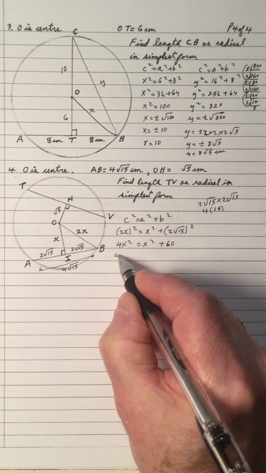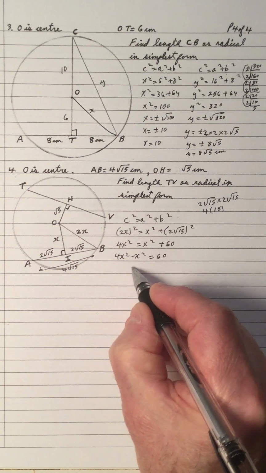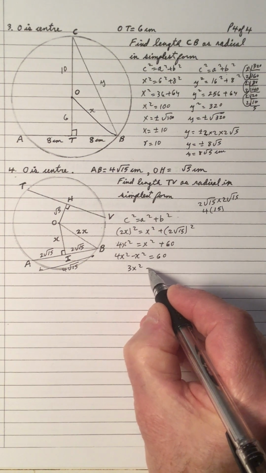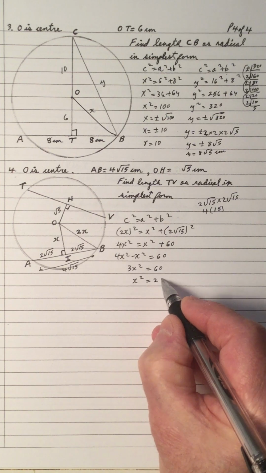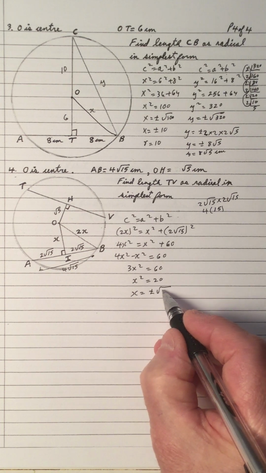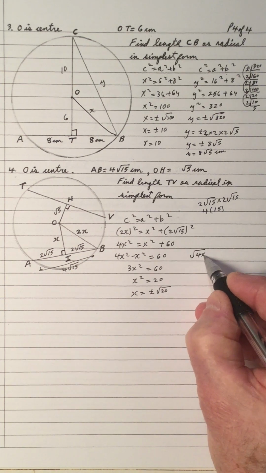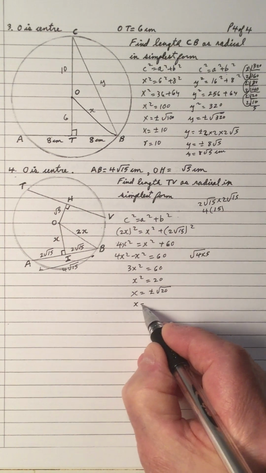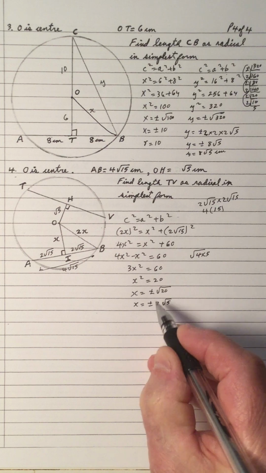So we have 4x squared minus x squared equals 60. 3x squared equals 60. Divide by 3, x squared equals 20. x equals plus or minus square root of 20. And the square root of 20 is the square root of 4 times 5. So x is equal to plus or minus, square root of 4 is 2, root 5.